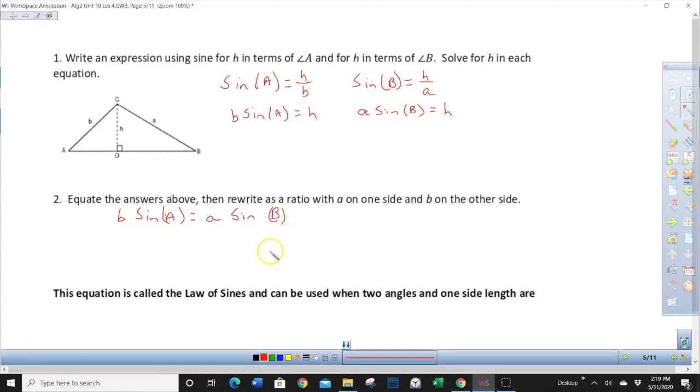So now I want to get this where I have A on one side and B on the other. And that means the big B and the little b. So let's divide both sides by AB.